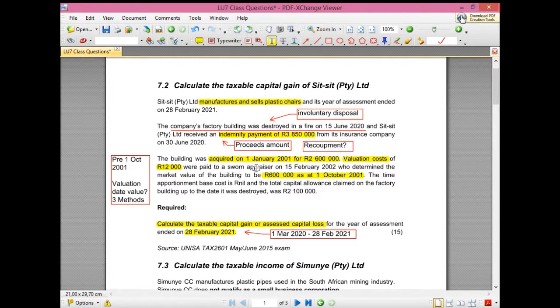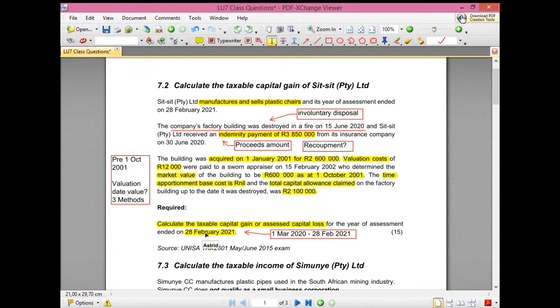And then the market value was 600,000 on 1 October, and the time apportionment based cost was 0, so there was no value. Then they tell you a total capital allowance was claimed up to the date of 2.1 million. So we've already claimed 2.1 million of the 2.6 originally when we used our capital allowances. So there you already know that because we've claimed 2.1 million, we will have a recoupment.